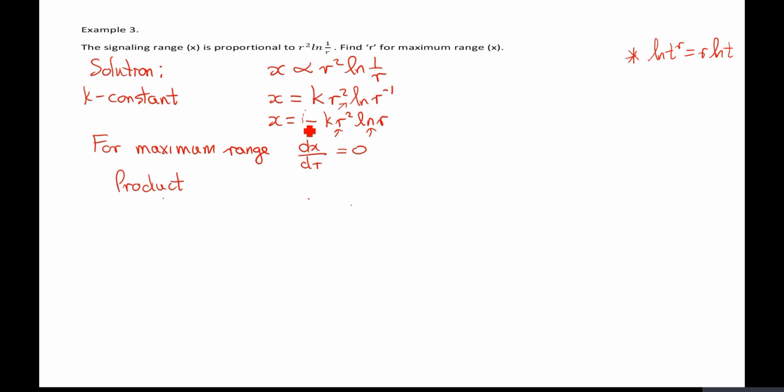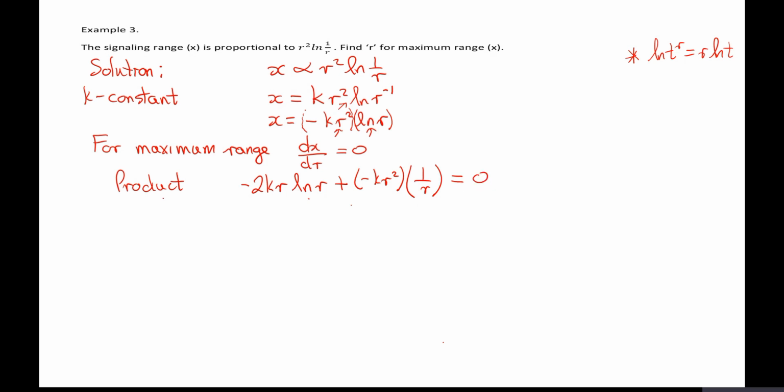So I'm going to bracket off that part and that part for the f and the g. Therefore, my derivative, let's work out, minus k r squared. The derivative of r squared is 2r, so that will become minus 2kr. Then you leave ln of r, plus, now you leave the first bracket and you find the derivative of the second. The derivative of ln of r is 1 over r, and that must be equal to 0.